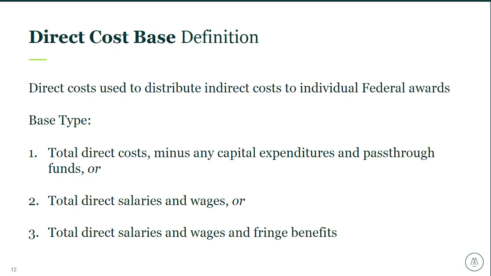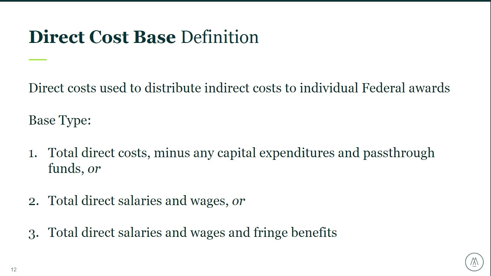A lot of people still use that, although the next two options might be a little bit more administratively feasible to manage. So they also allow for total direct costs and wages, or total direct salaries, wages, and fringe benefits. There are pluses and minuses to both.